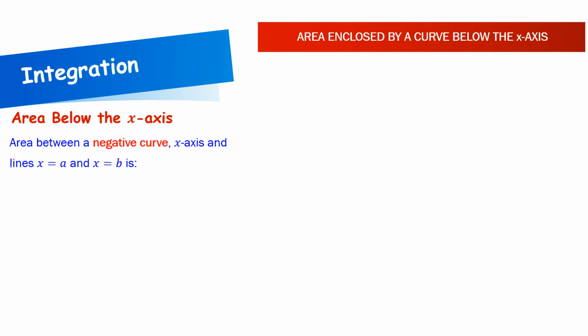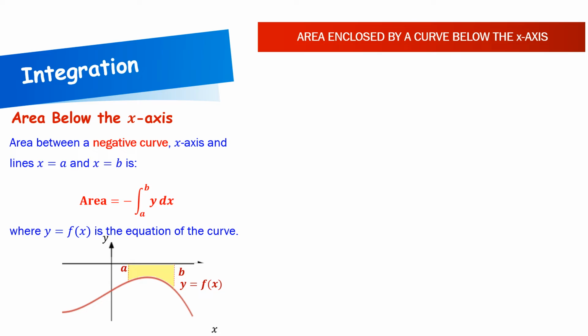Now let's consider the area below the x-axis. The area between a negative curve, the x-axis, and lines x equals a and x equals b is denoted as minus the integral from a to b of y with respect to x, where y equals f of x is the equation of the curve.